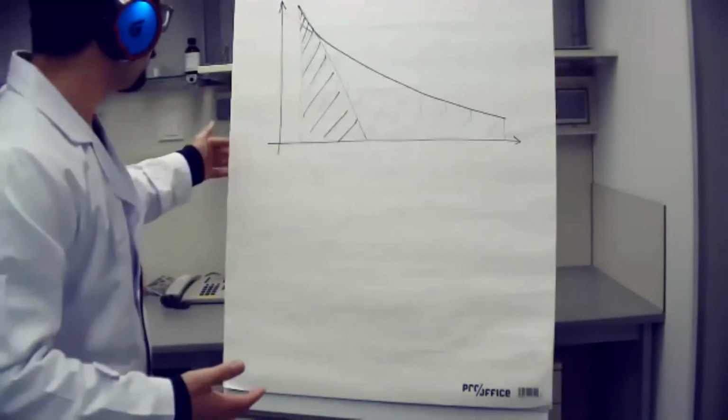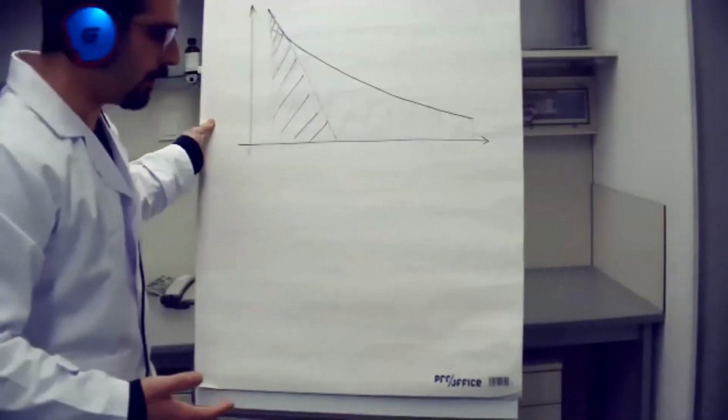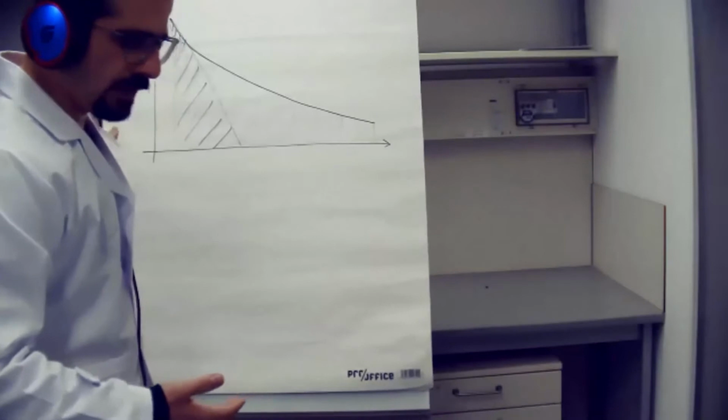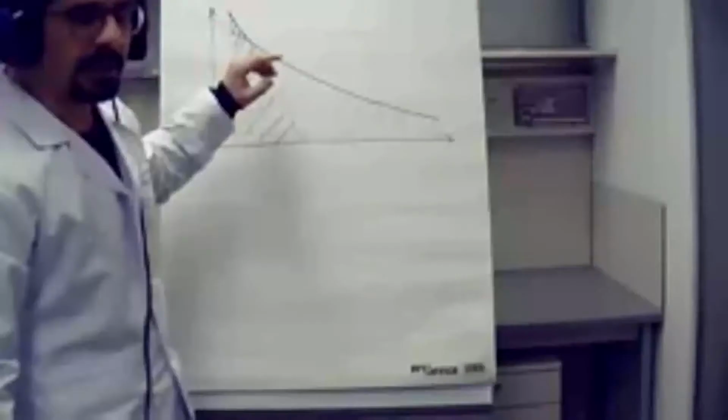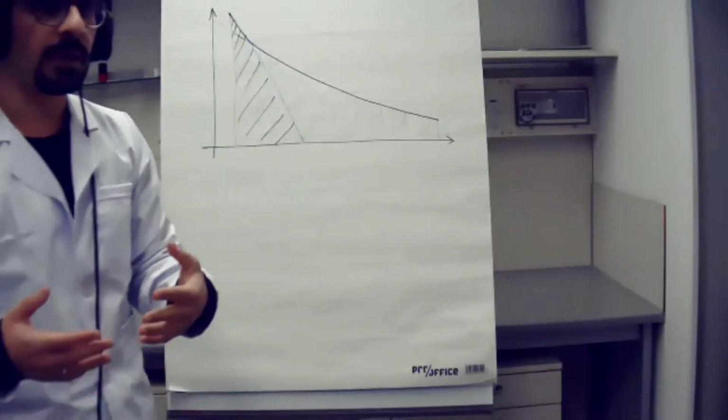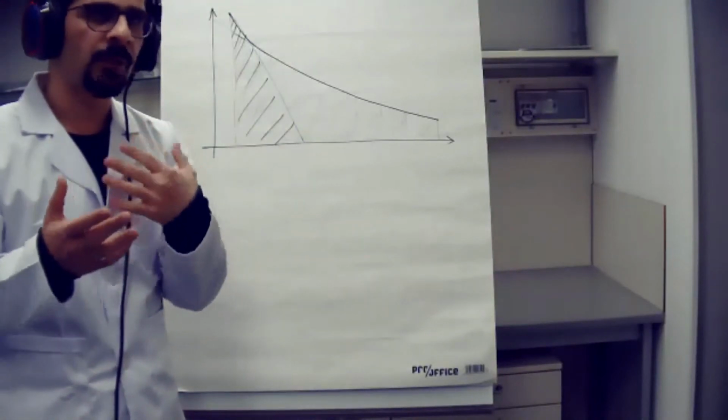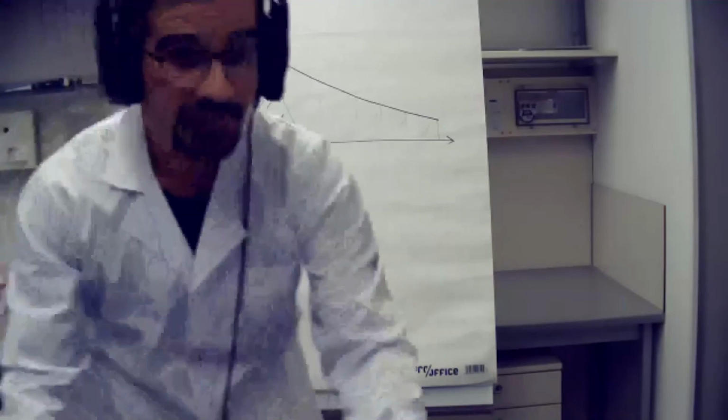So what is the amplitude anyhow? Amplitude is where your decay is dropping to the 1 over E value.